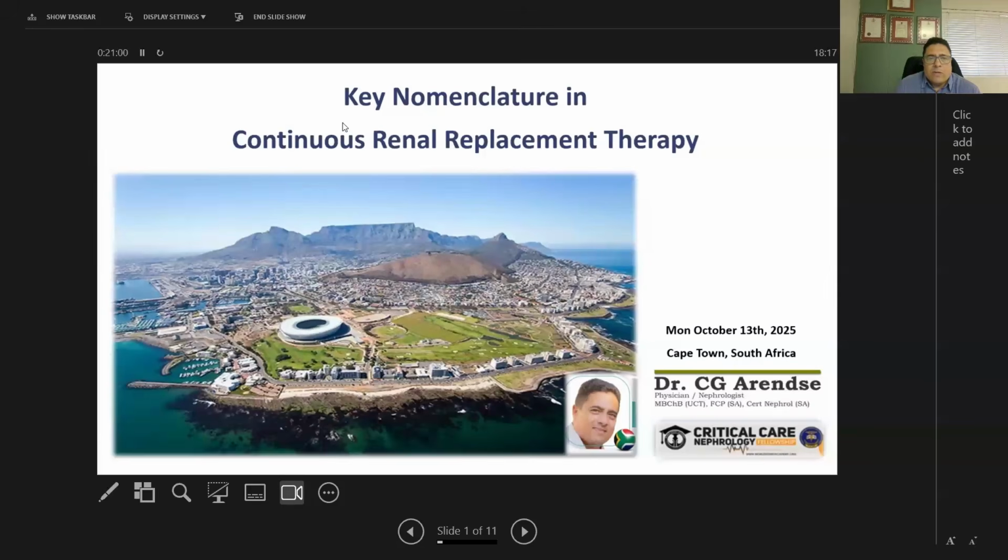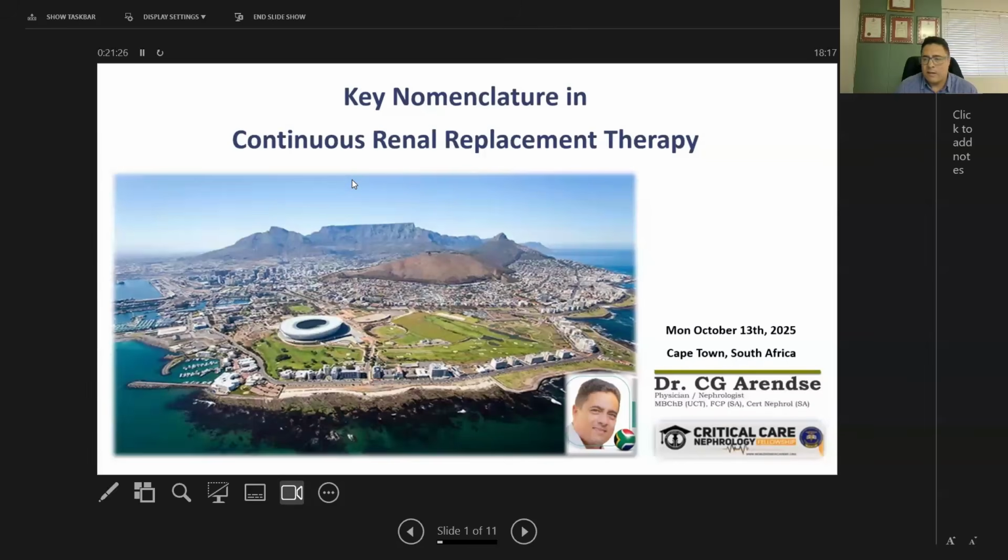The topic of my talk is to cover just a very few of the nomenclatures that we use on a day-by-day basis in continuous renal replacement therapy. This is a very important starting point because the nomenclature in this speciality is particularly daunting to those who are new to it and who don't deal with it daily.